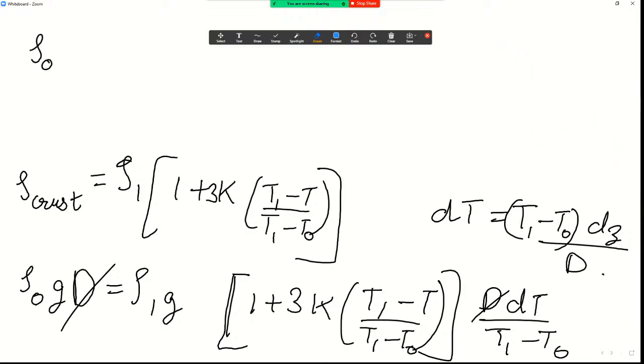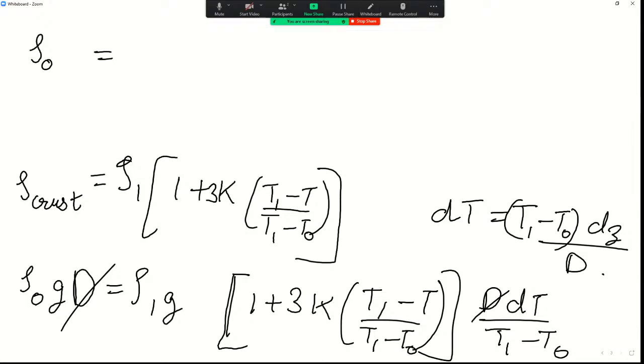Rho naught G equals, we can cancel this G. I am not able to erase. Yeah, this is messy.